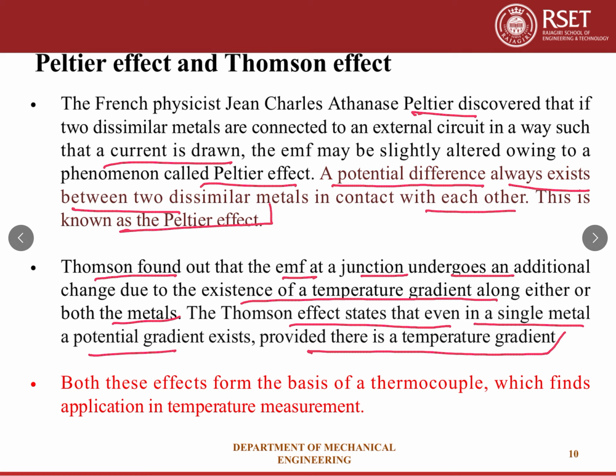So we have two factors which affect the potential. One is the dissimilar material and the extent of dissimilarity, explained by Peltier, and the other is the temperature gradient, defined by Thomson. Both these effects form the basis of the thermocouple, which finds application in temperature measurement.